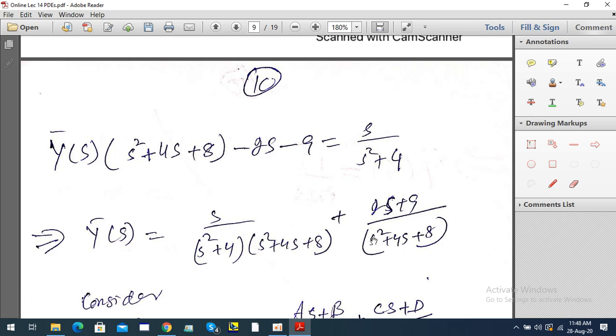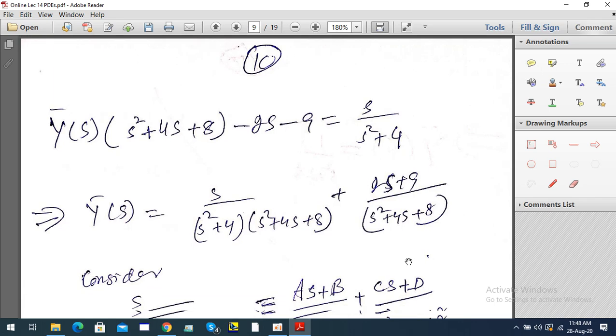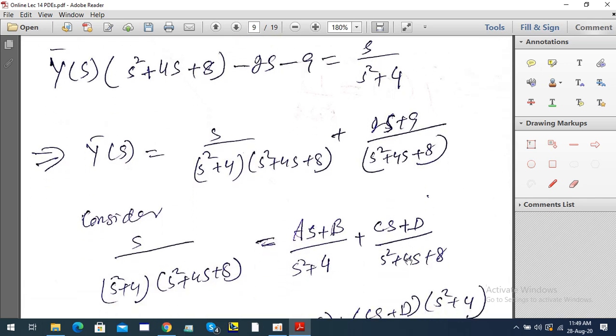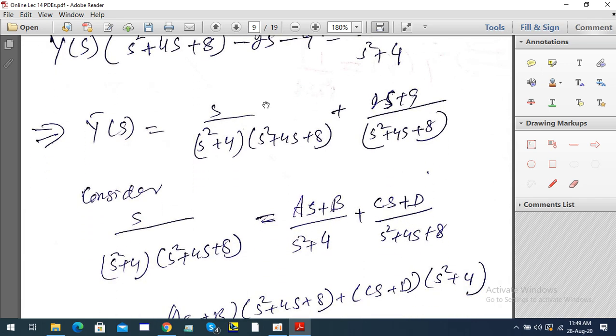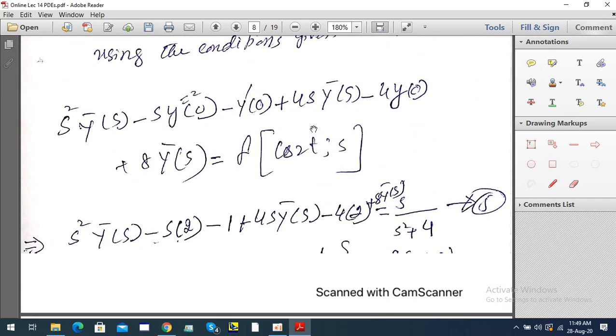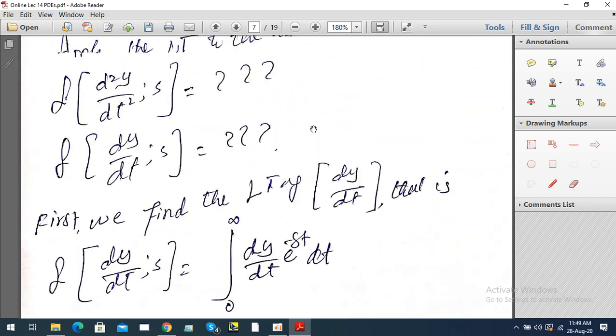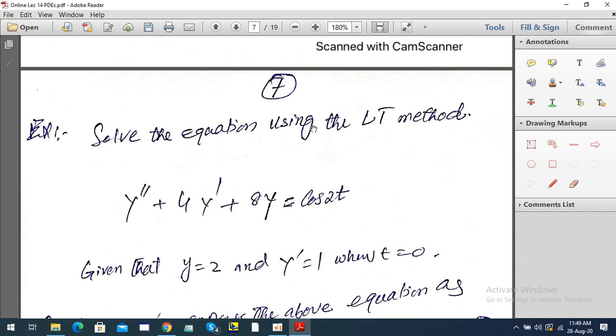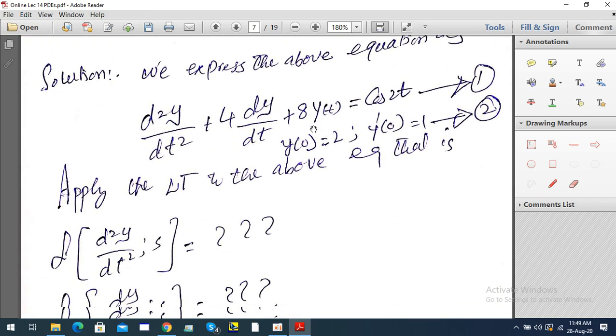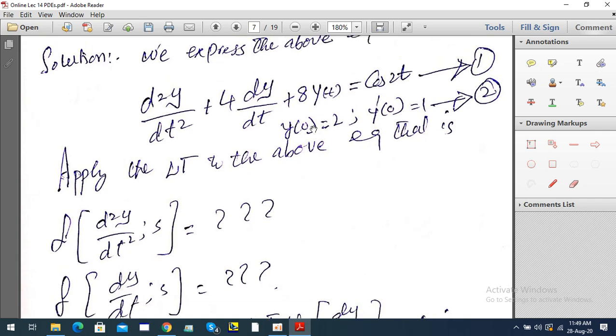So now y bar is equal to this thing. We need to find y t. If you look at your differential equation, this is your differential equation. What we have to do is to find y t, the solution of this differential equation.